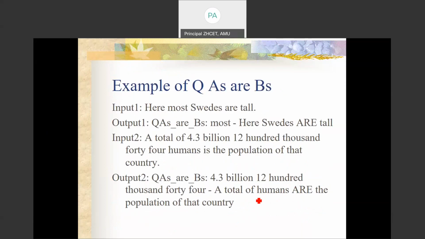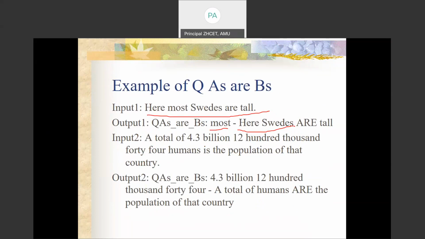So now let us take the example. Suppose the input is: most Swedes are tall. What should be the output? Q A's are B's, where Q is most, Swedes is A, and tall is B. For example, if I give a total of 4.3 billion, 1,200,044 humans is the population of that country. Just for the heck of it, I've taken an example.